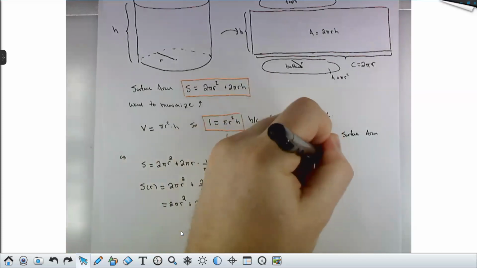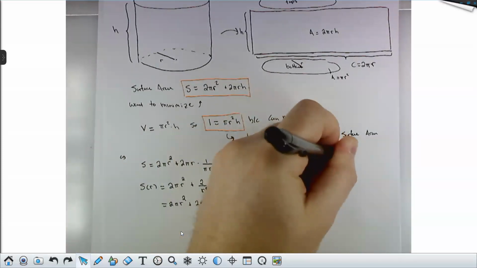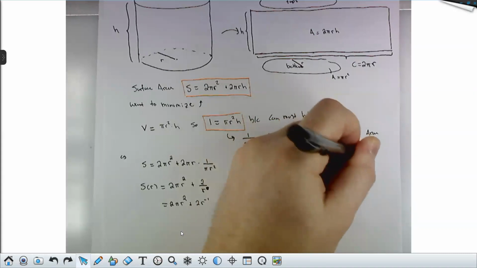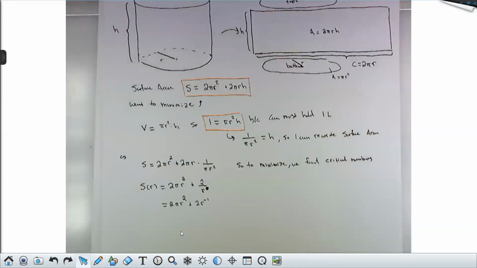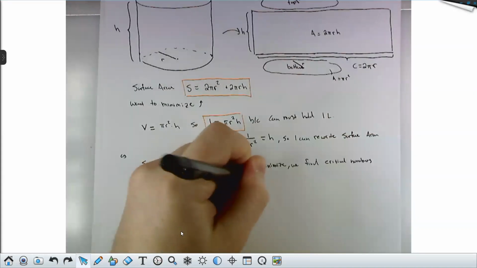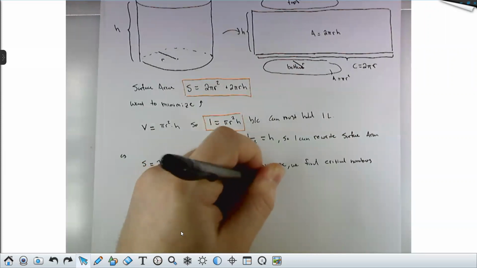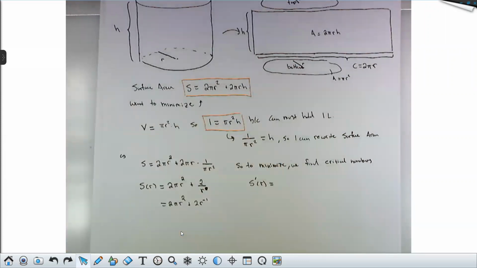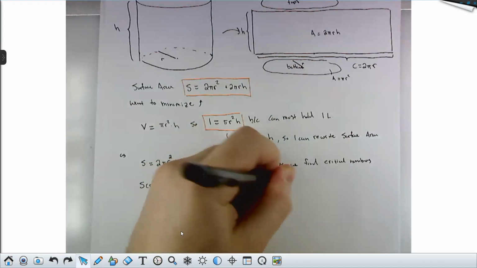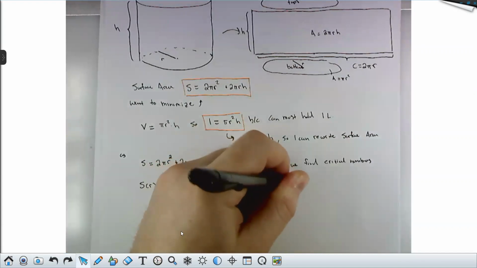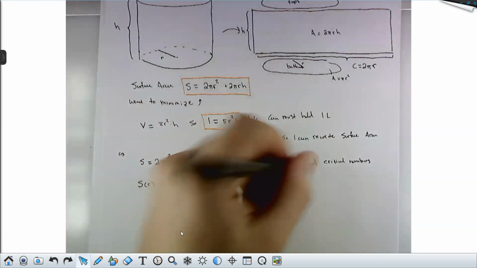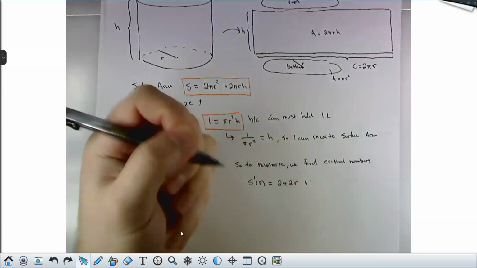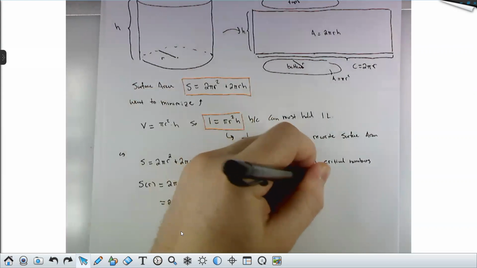So to minimize this, we find the critical numbers. S prime of r, the derivative here, is now going to be 2 pi times 2r plus 2 times negative 1 times r to the negative 2.